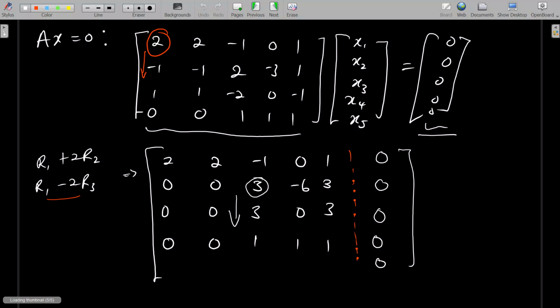The reason I'm doing this is that row 2 minus row 3, so 3 minus 3, will give me 0, and then row 2 minus 3 row 4, so 3 minus 3 times 1, will give me 0. So I know when I do these operations, I'm going to have 0.